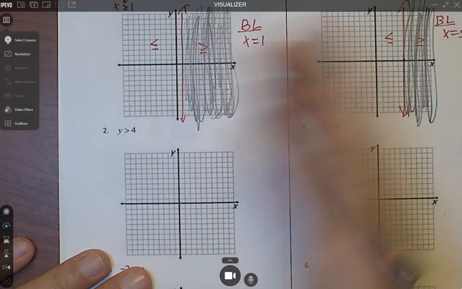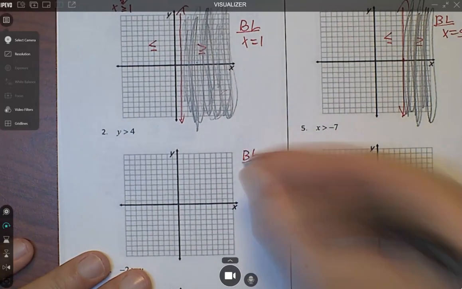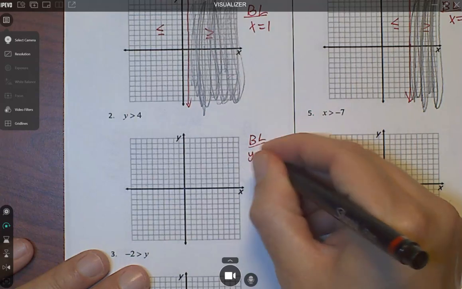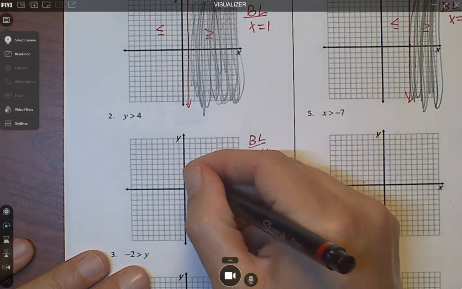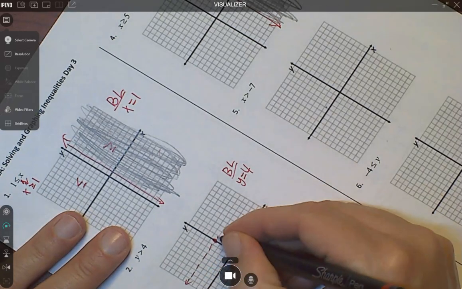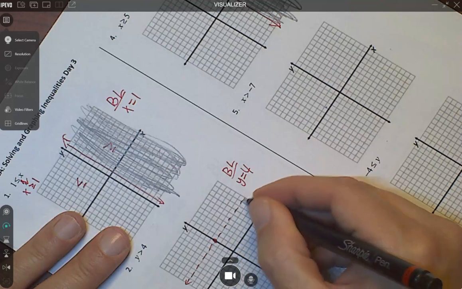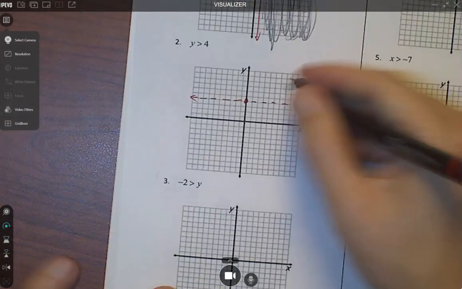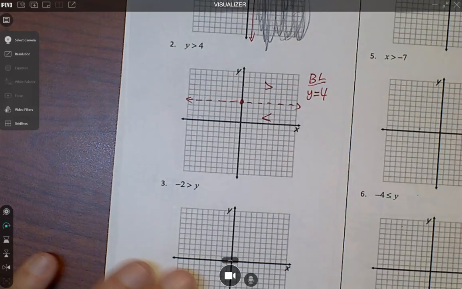Alright. Variables on the left, ready to go. We're going to do y equals 4. Okay, we're going to go dash because it's just greater than. Greater than, less than. At any time, you could pause the video, try a couple.